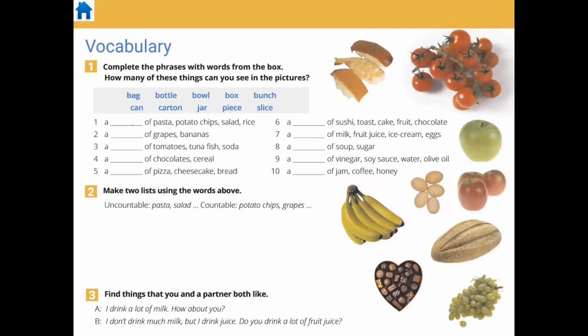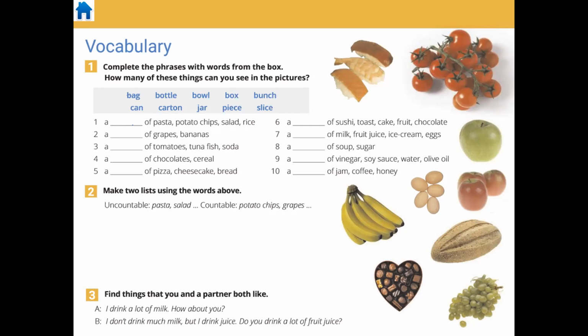Now, we're going to look at vocabulary number 1. And we're going to match the words in blue to the numbers 1 through 10. Now let's do number 1 together. Number 1, of pasta, potato chips, salad, and rice.